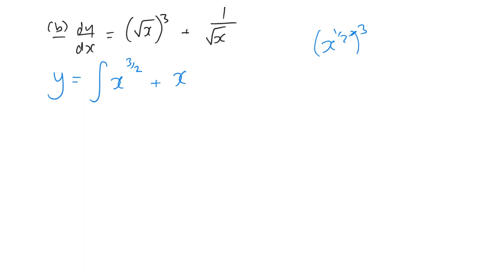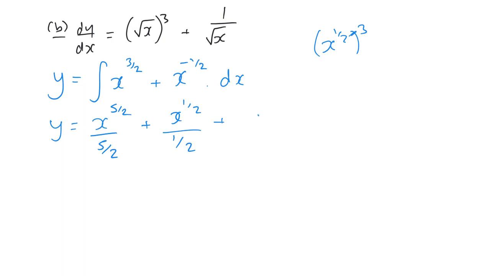And we'll bring the root x up. So it's x to the power of a half on the bottom. When we bring it up, we'll get minus a half. So integrate that, add 1 to the index, divide by the new index. And then tidy it up.